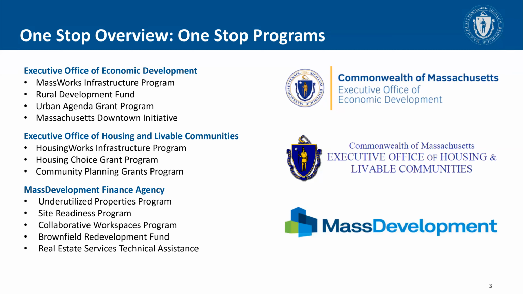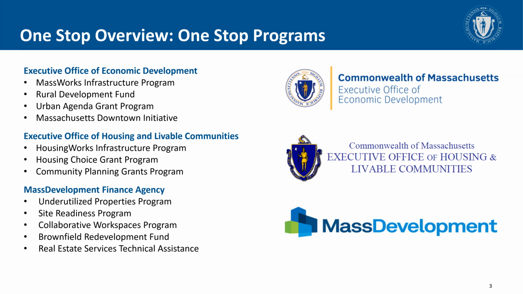So we want to start this webinar by reviewing a little bit of a recap from the first webinar. Again, we want to reiterate and review all of the programs that have been fully integrated into the Community One Stop for Growth. Here at the Executive Office of Economic Development, we have MassWorks, the Rural Development Fund, Urban Agenda Program, and the Massachusetts Downtown Initiative.